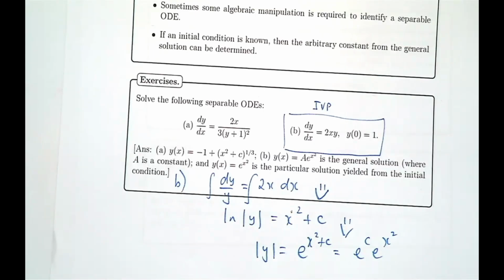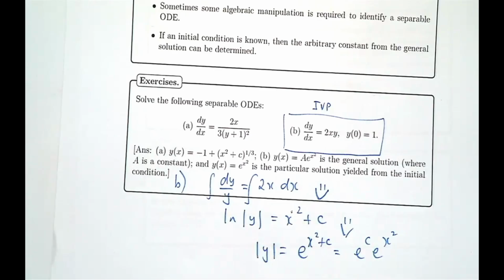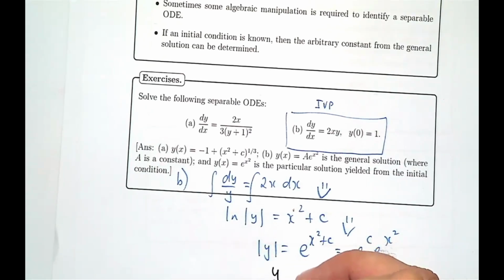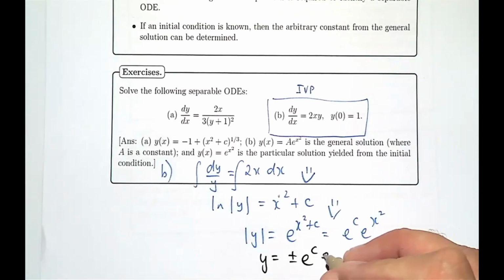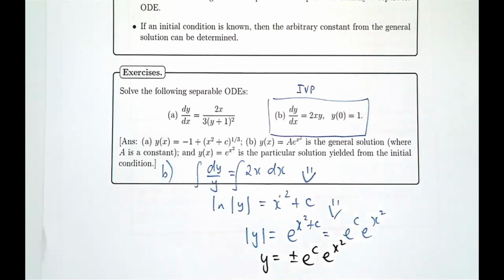Now, let me introduce you to a magic constant. If I get rid of this absolute value of y, then what happens? I get something like that.